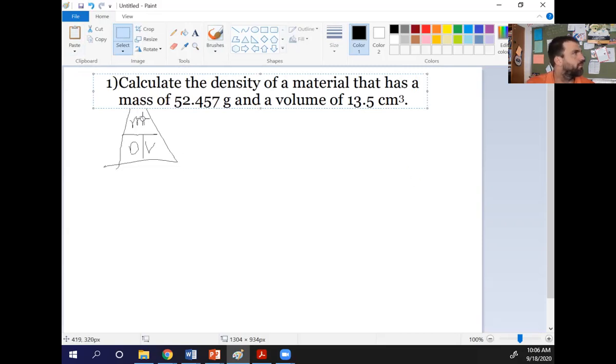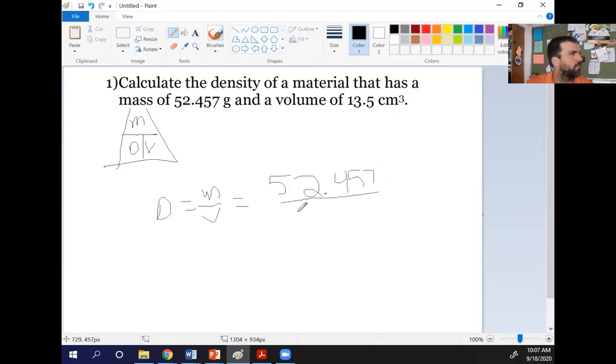Density. So density equals mass over volume. What was the mass? 52.457 over the volume being what?